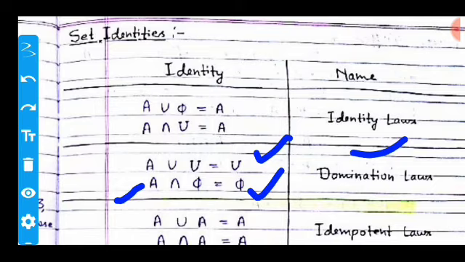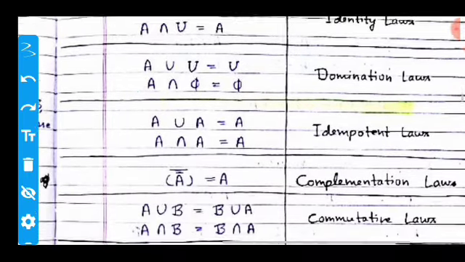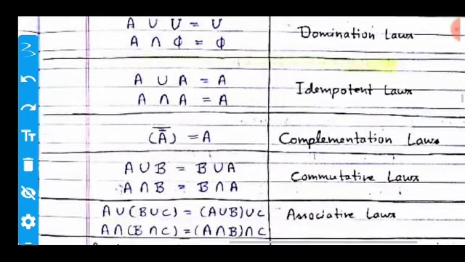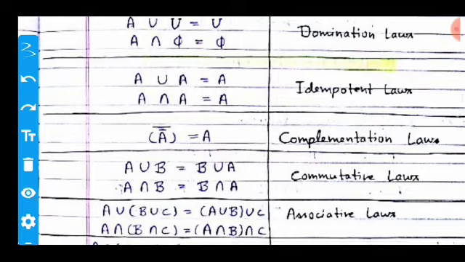Now the next law is your idempotent law. The idempotent law is represented as: if we intersect or union any element with itself, it gives that element. So it implies the idempotent law. Now come to the complementation law.